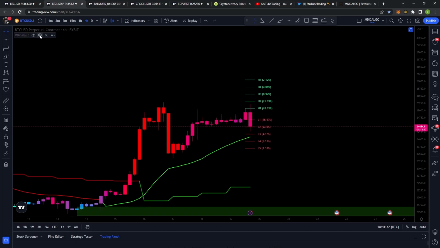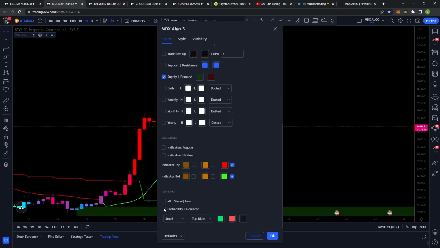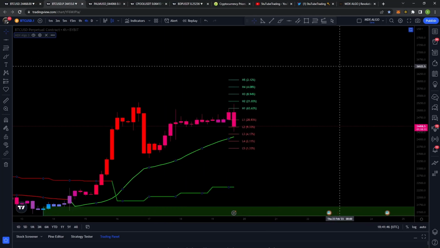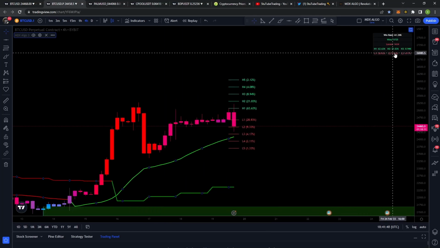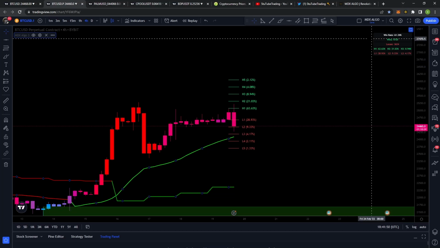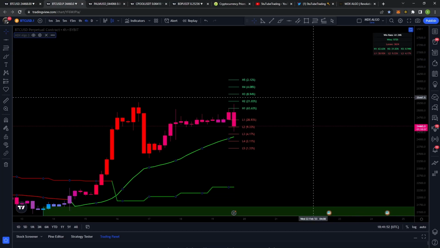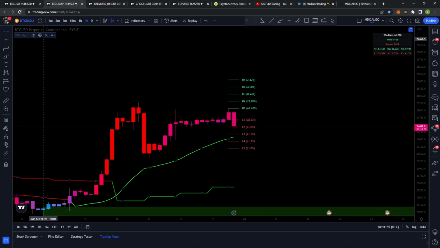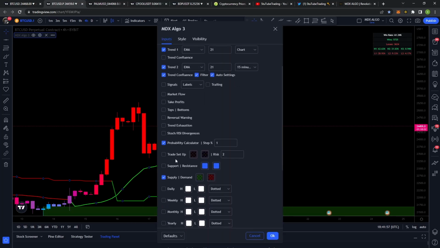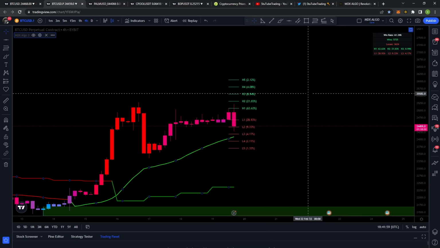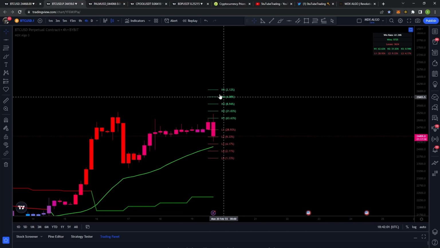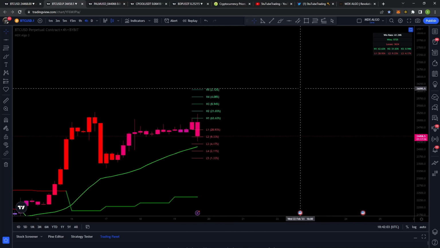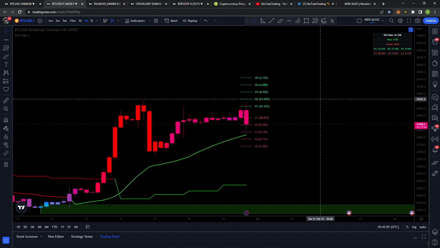Let's bring that setting, the probability calculator, back up here, and it will give us the win rate, the losses, all that kind of thing. So that's based off of this. I think a lot of people are under the impression that that's for the trade setup feature, which I'm going to get into in a second, but it's actually this feature here. So just be aware of that.